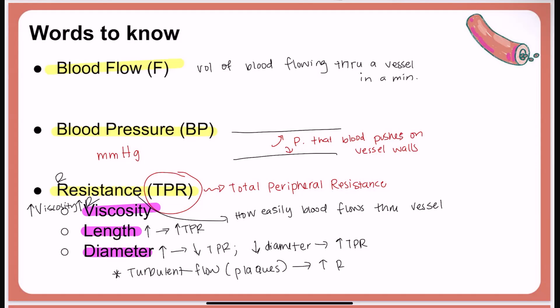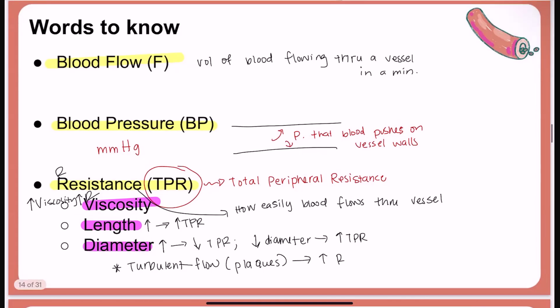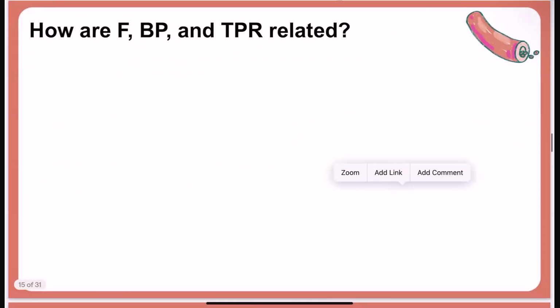Alrighty. So now that we've gone over these terms, how are all of those terms related? How are flow, blood pressure, TPR, how are those related? We can write this as a mathematical relationship, and we do not do math in this class, but we can think about this equation in terms of relationships. So blood flow is equal to that pressure differential, like how much that pressure changes, over TPR.